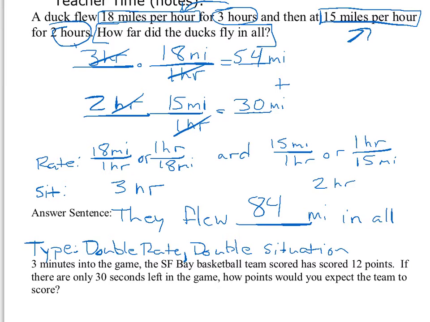But it's also kind of this idea that you're not traveling 33 miles per hour for 5 hours. If we think about how fast you're traveling, 15 miles per hour and 18 miles per hour. Okay? So on average, you're probably traveling somewhere around 16.5 miles per hour. So it wouldn't make any sense to add things together.